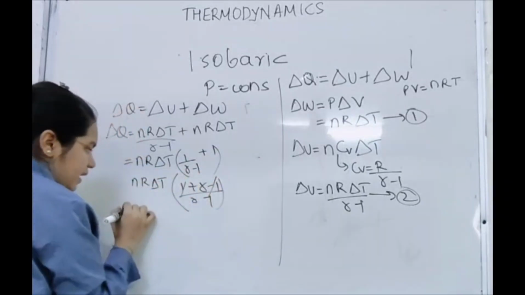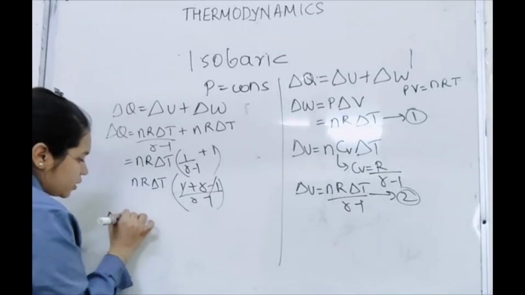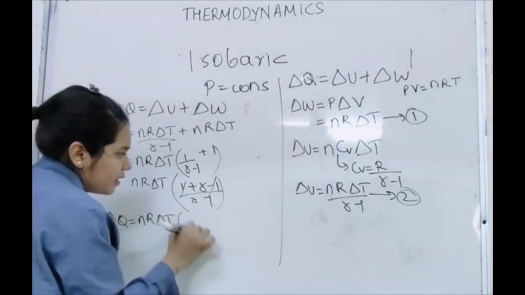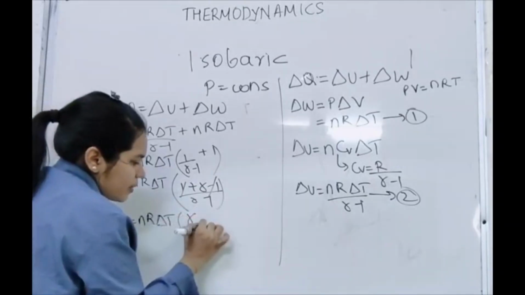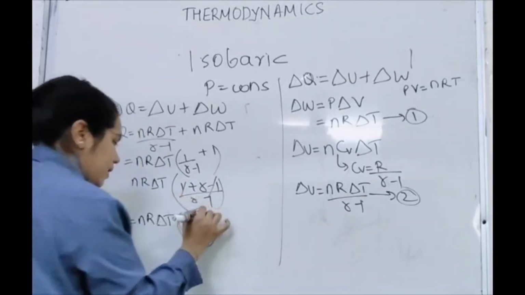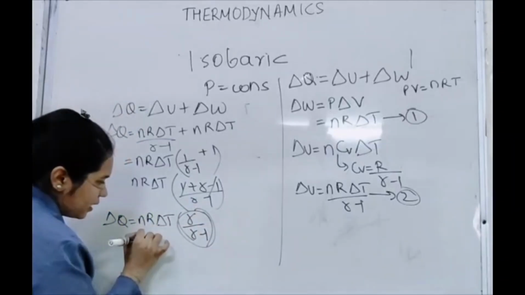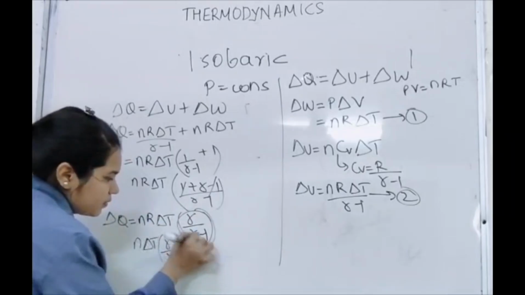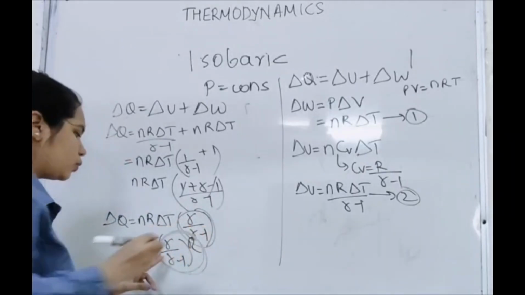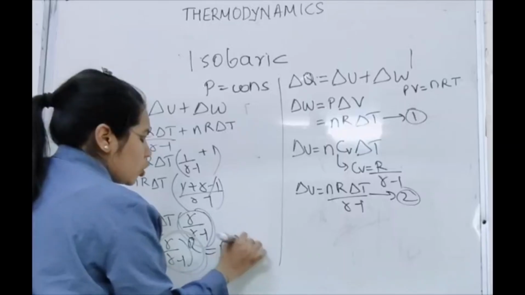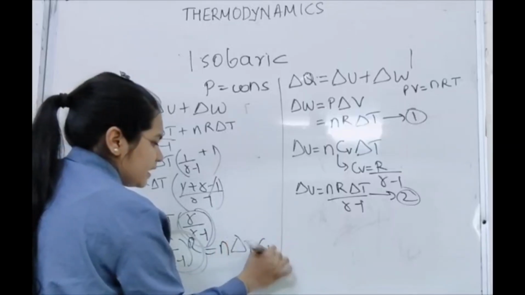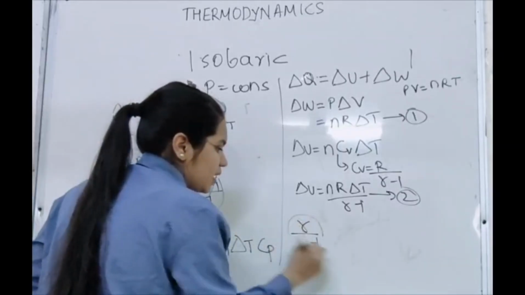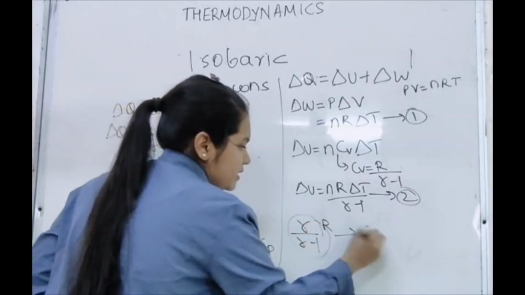This 1 gets cancelled. Delta Q equals nR delta T gamma by gamma minus 1, and this is n delta T Cp, because gamma by gamma minus 1 into R is Cp.